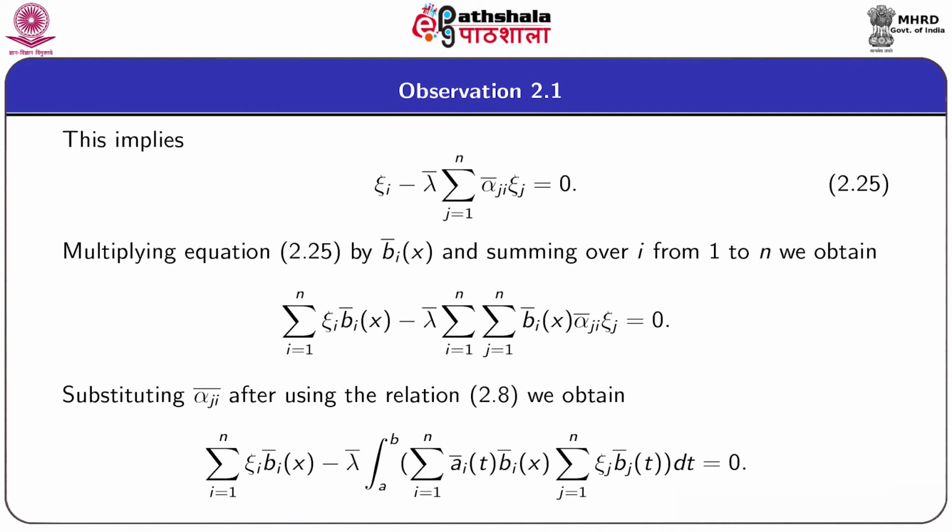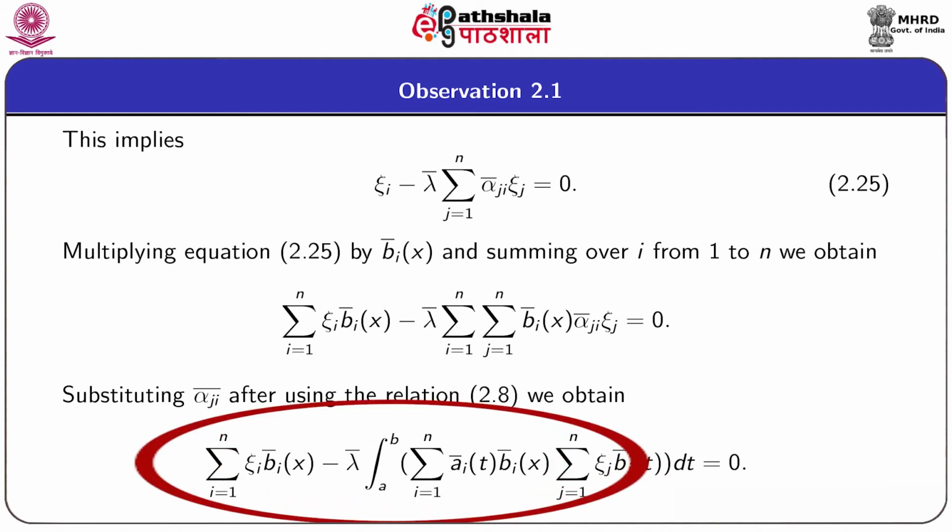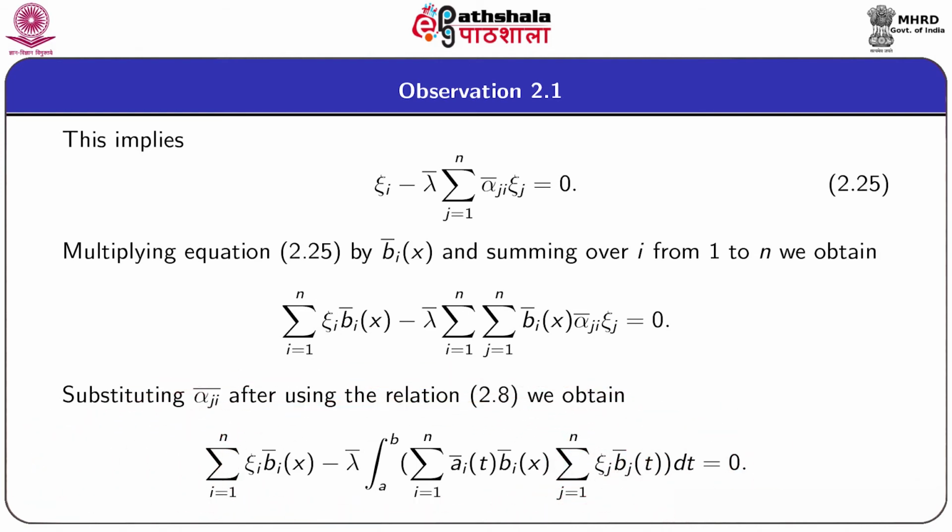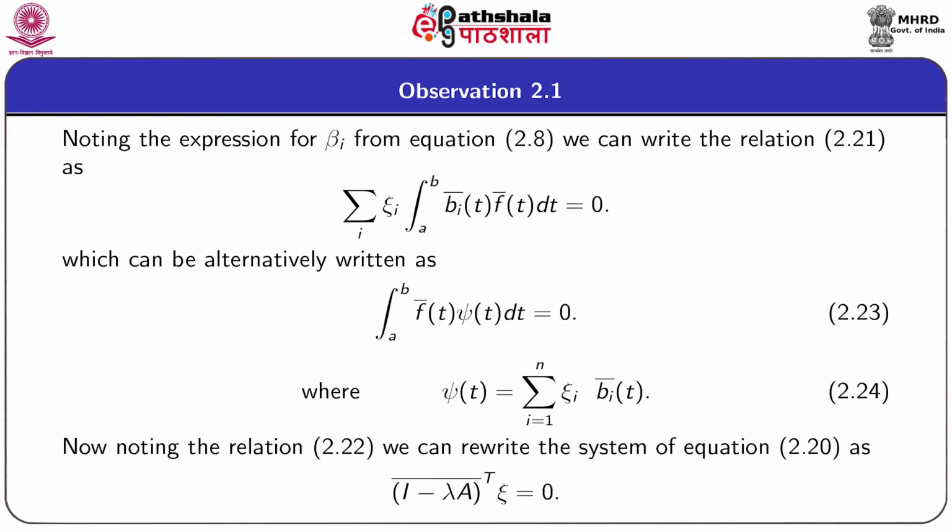So, taking alpha ji bar and substituting in this relation, we can write this relation as given by this expression. We know from equation 2.24 that psi t is given in terms of xi.